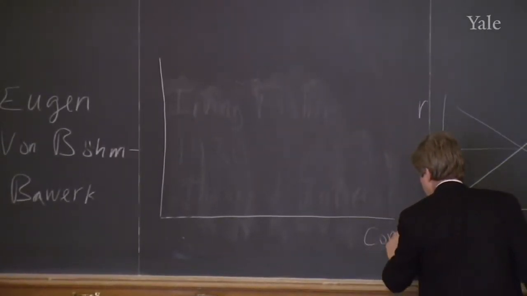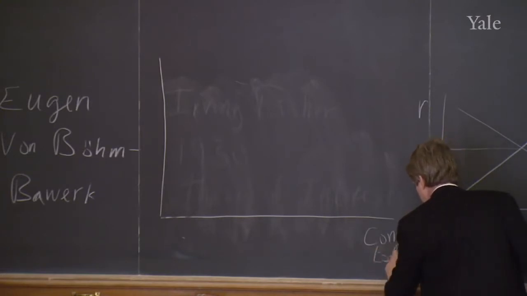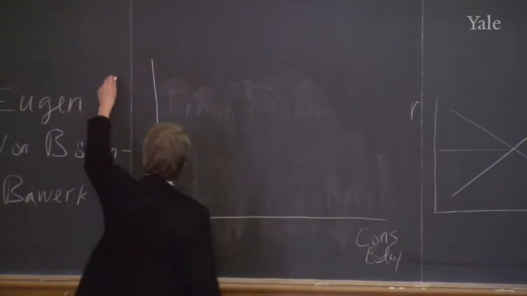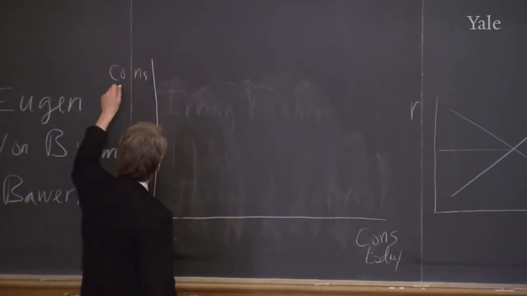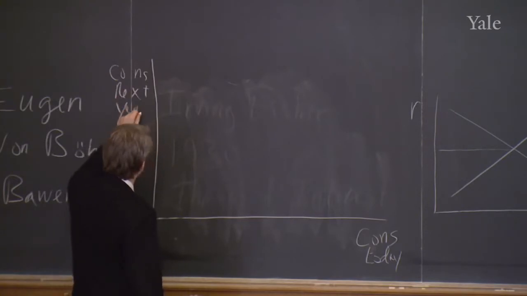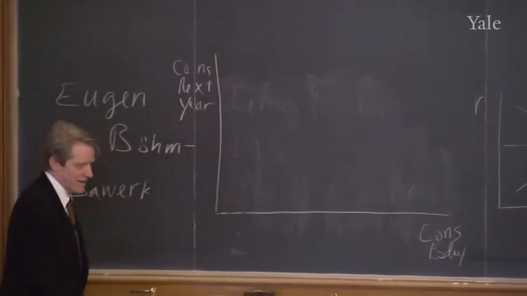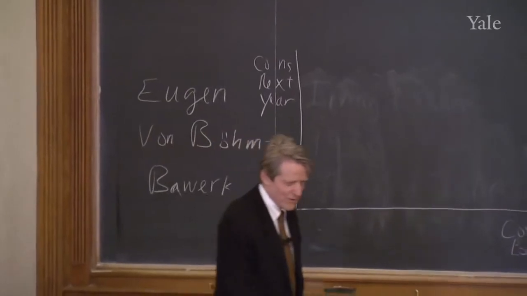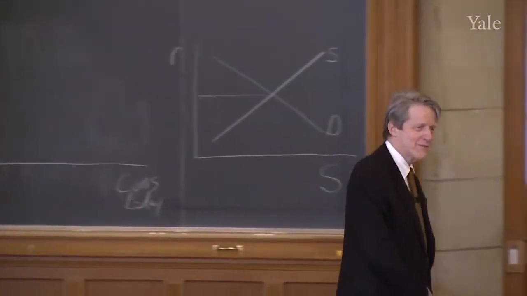Okay? So here I'm going to show consumption today, and on this axis, consumption next year. All right. And I don't remember the novel. Did anyone here read it? Some of you must have read Robinson Crusoe.